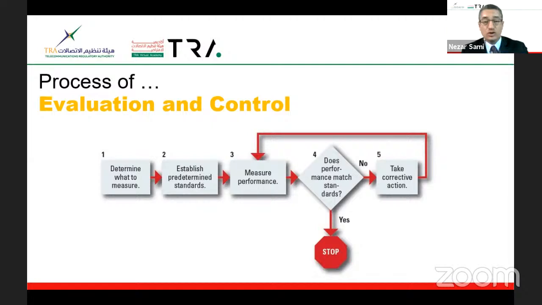We need to agree on this type of norm, the benchmark, the level, where if we exceeded this level, then we have a question mark. If not, then we are doing fantastically good. And then perform measurement. If you cannot measure it, you will never manage it.